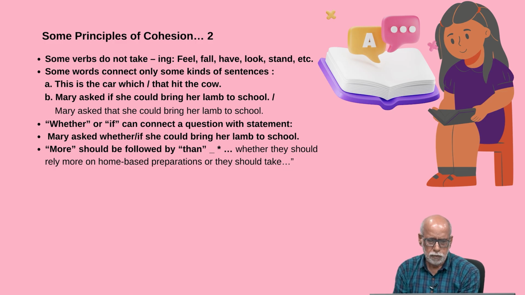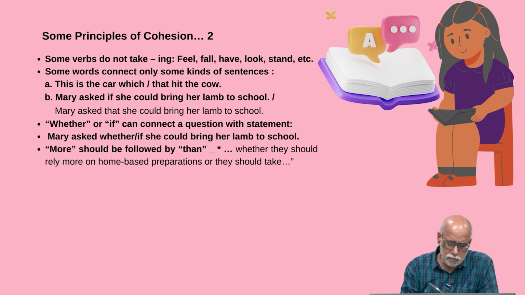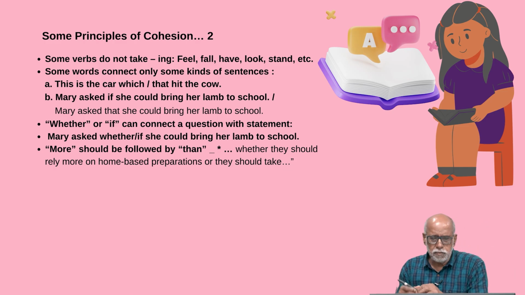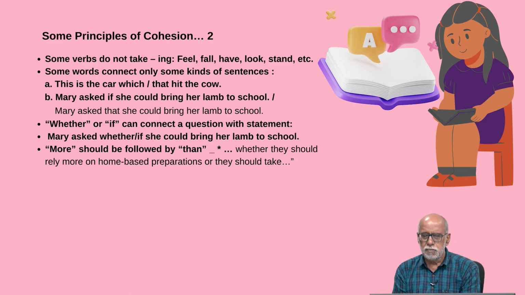Look at the example. You can say, this is the car. Some words connect only some kinds of sentences. Similarly, all connectors, it's like the furniture. You cannot put a round peg in a square hole. If the hole is square, then the peg must also be square.